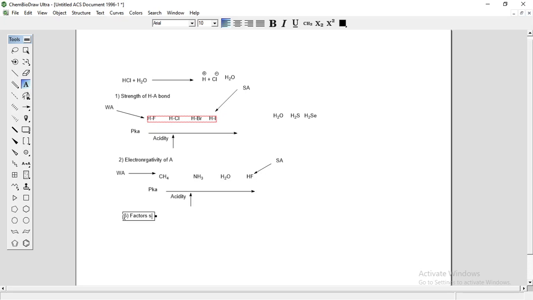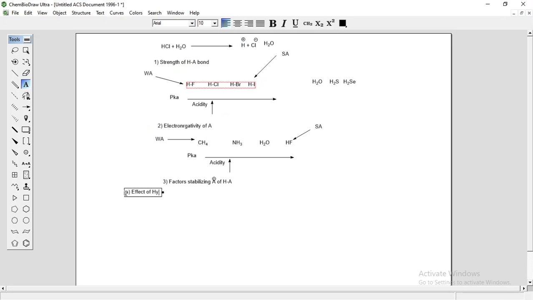The hybridization of a carbon atom attached to the hydrogen greatly influences the acidity of the hydrogen.